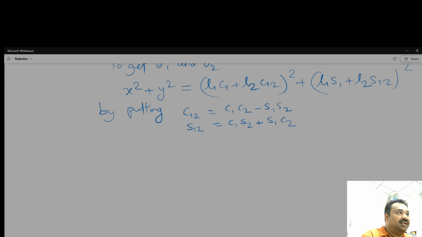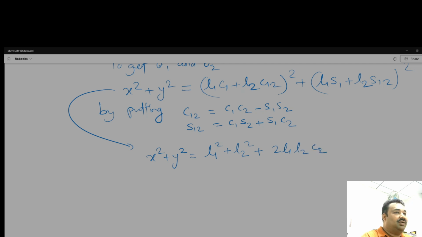What we get is in this form: x square plus y square is equal to L1 square plus L2 square plus 2 L1 L2 C2, and from here we get C2 is equal to x square plus y square minus L1 square minus L2 square, divided by 2 L1 L2.